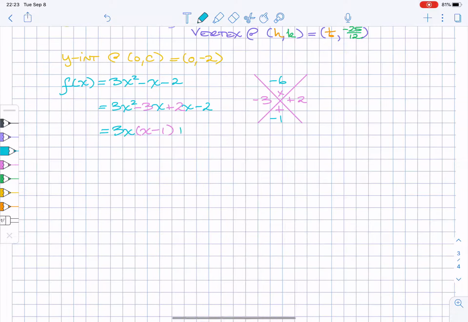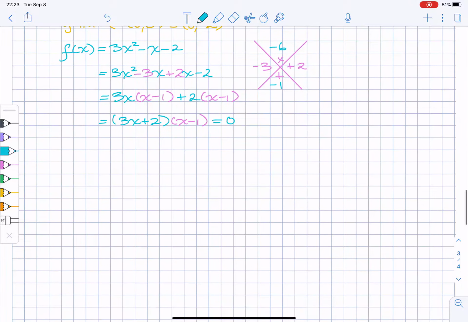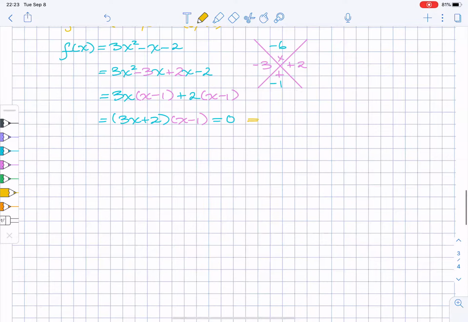Then from the second 2 terms, I can factor out a 2. What remains will be x minus 1. So I can now factor this as 3x plus 2 times the quantity x minus 1. And if we're setting this to 0, because we're looking for the x-intercepts, this implies the x-intercepts will be at x equals 1 and negative 2/3.